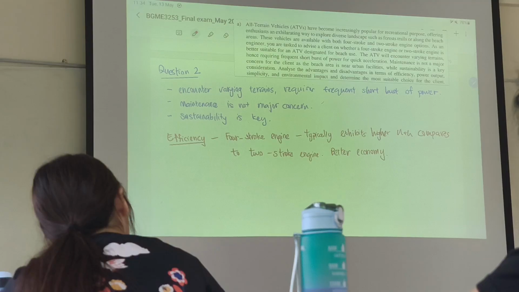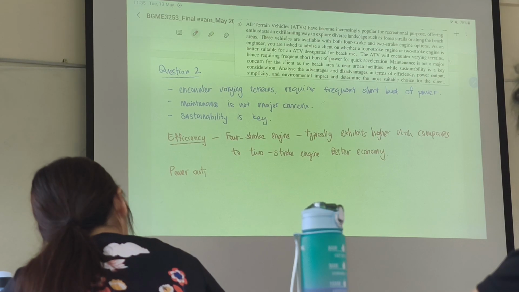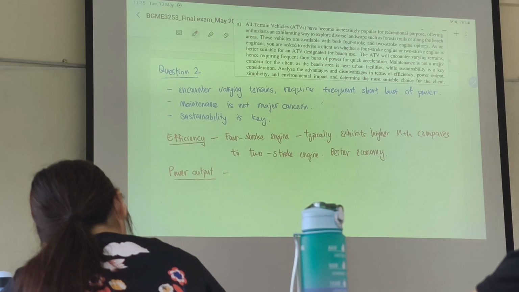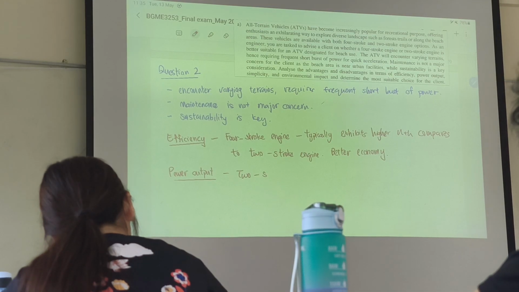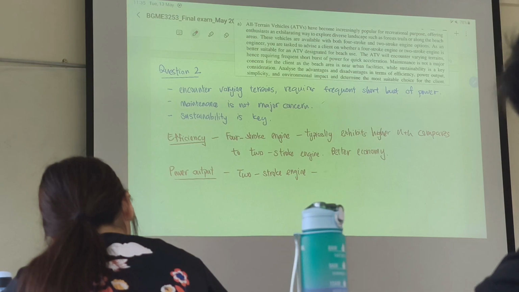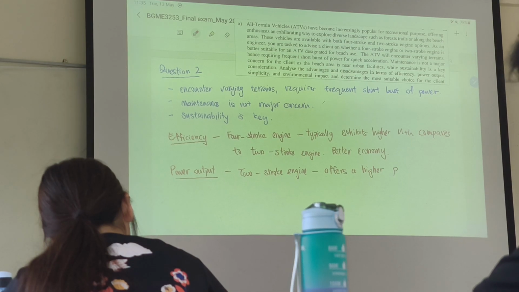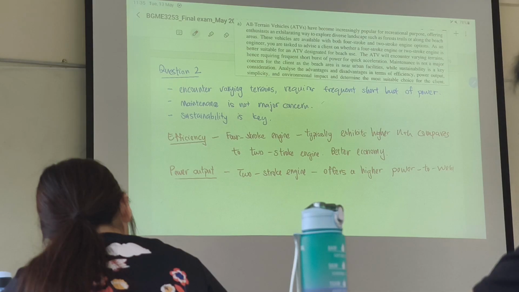So second one, power output. This one we will actually give to two-stroke engine because it offers a higher power to weight ratio. Because now we are just talking about a small application.